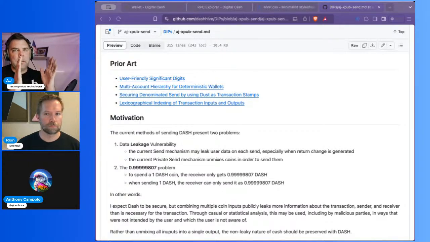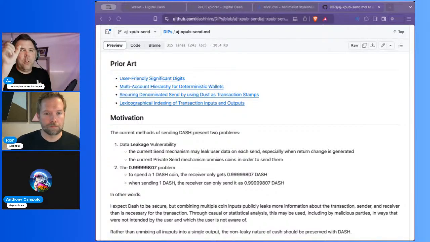So there's two segments. There's the segment that represents the value, and there's the segment that represents the fee. And so the first 3 zeros after the decimal place represent the value, and the next 5 zeros after the decimal place represent the fee.